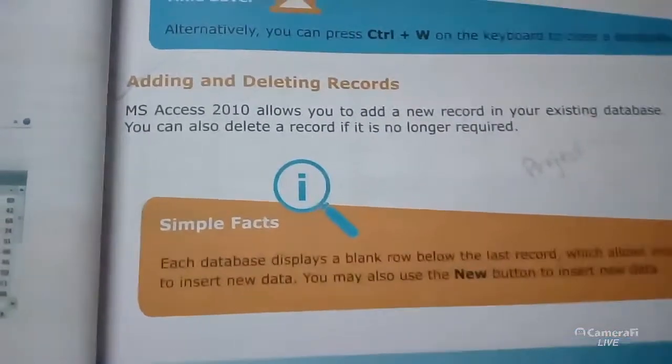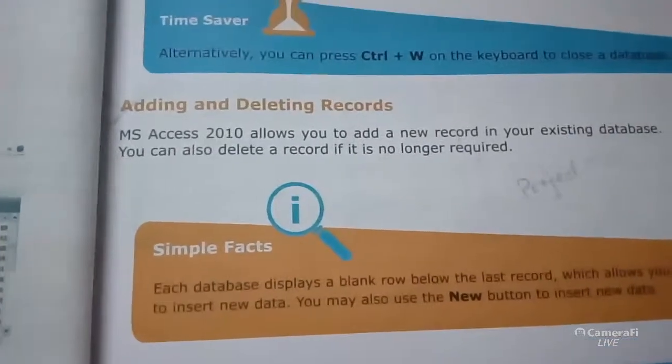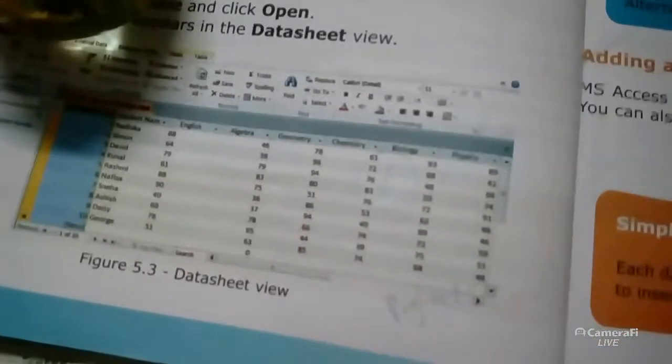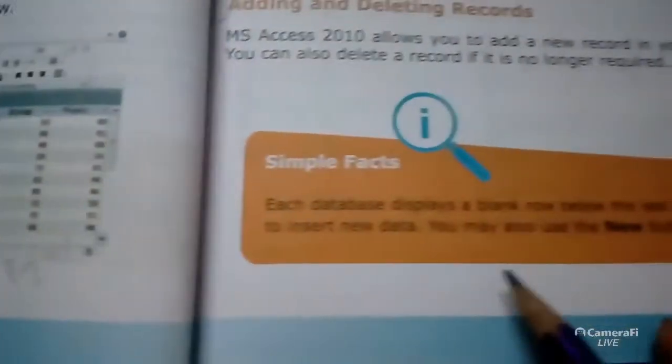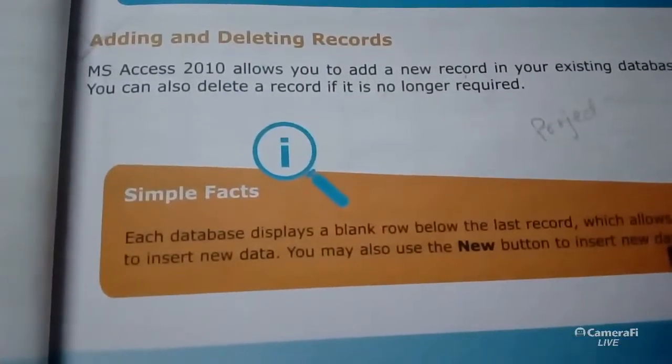That means when you open a database, it will display in the form of rows and columns, and see here one blank row is available. Also you can add more data from there, or you may also use the New button to insert new data.